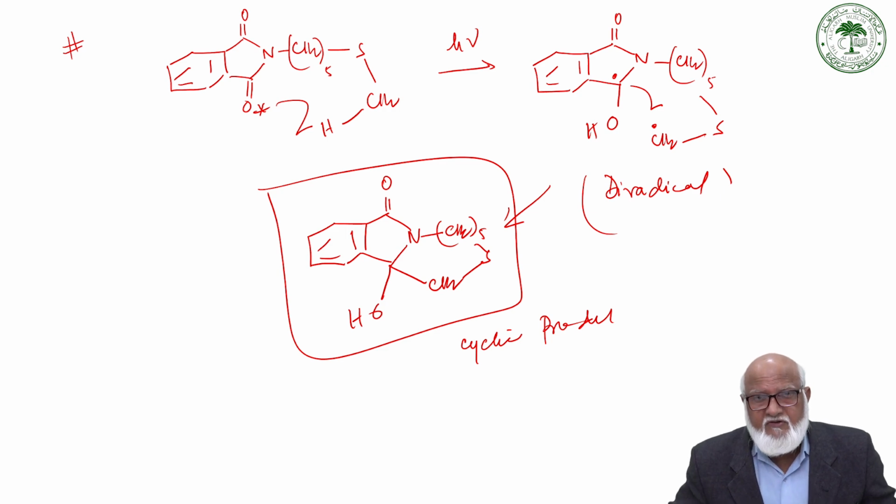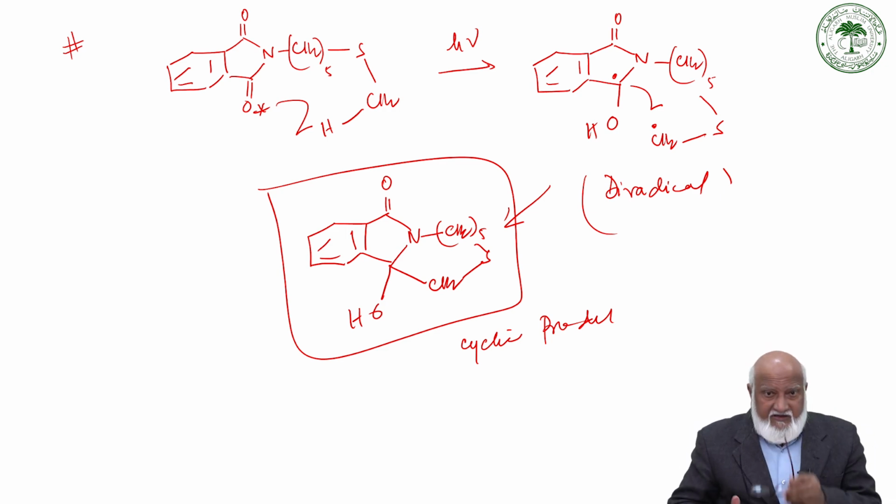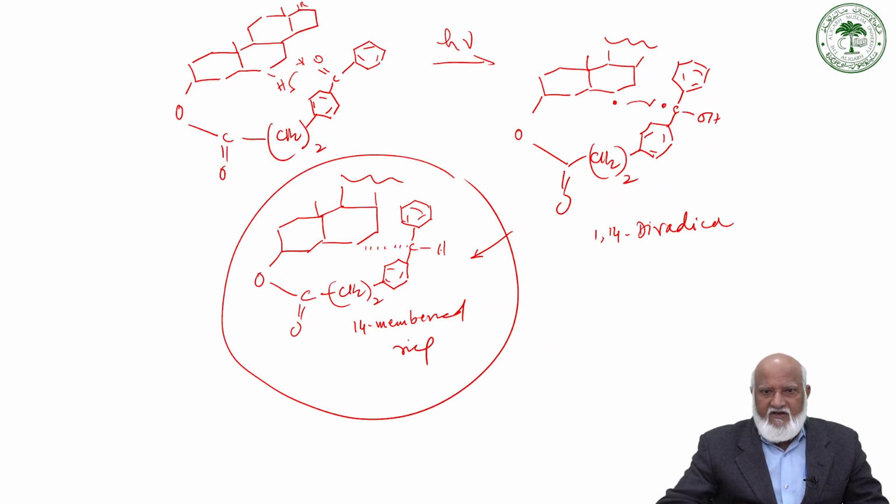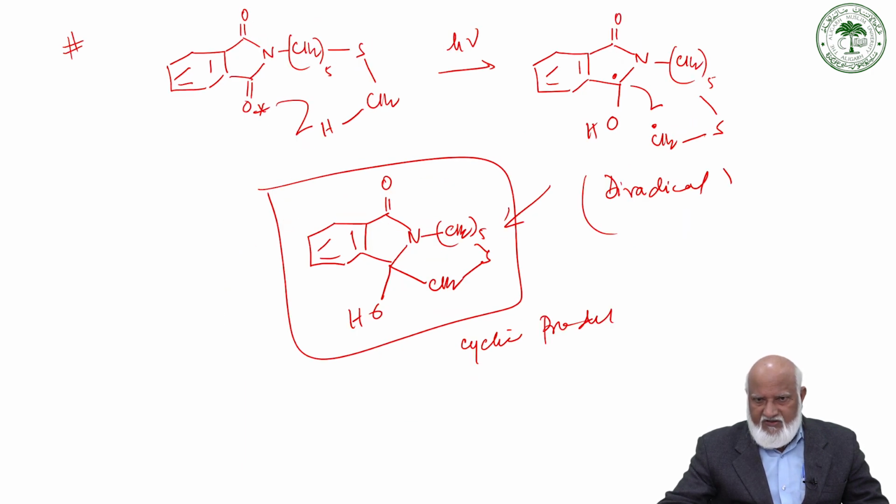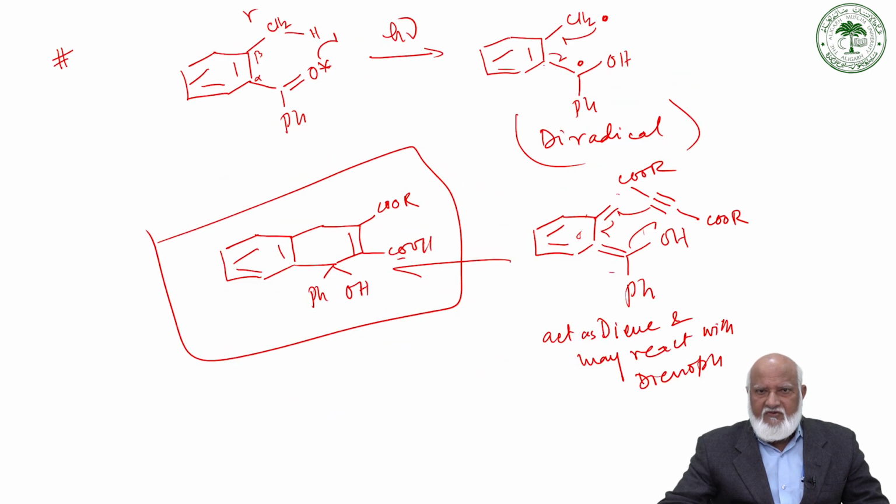So by taking a suitable starting material, the excited carbonyl may also abstract a hydrogen atom intramolecularly to generate a diradical species, which may combine to give interesting synthetically important cyclic products, as we have seen in this one, a 14 membered ring, and the next one, a 10 membered ring system, which is newly formed by the abstraction.